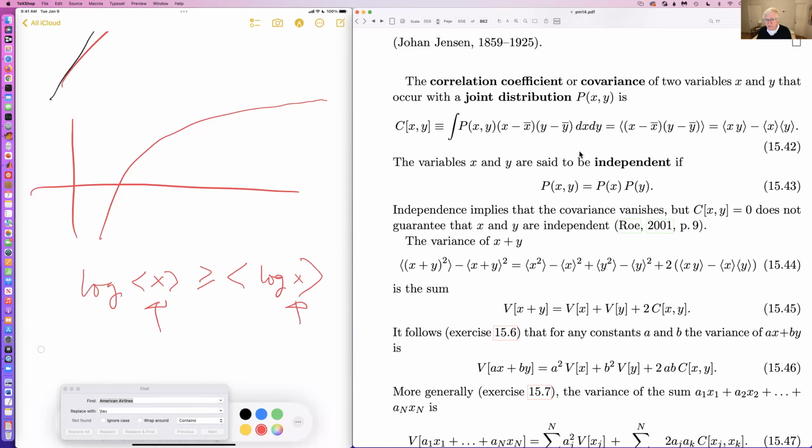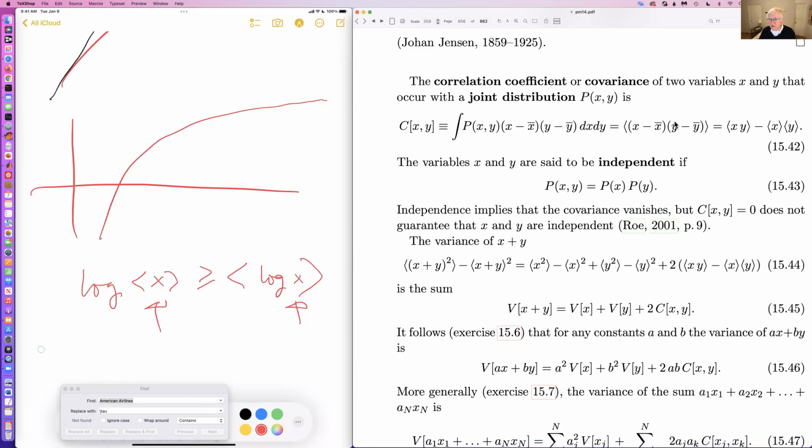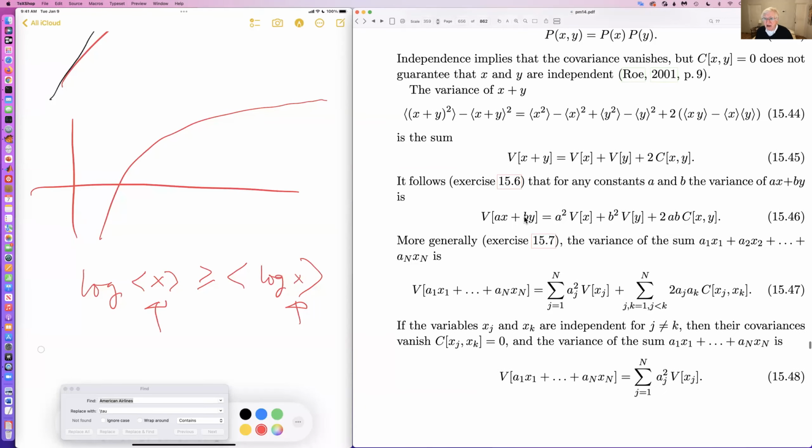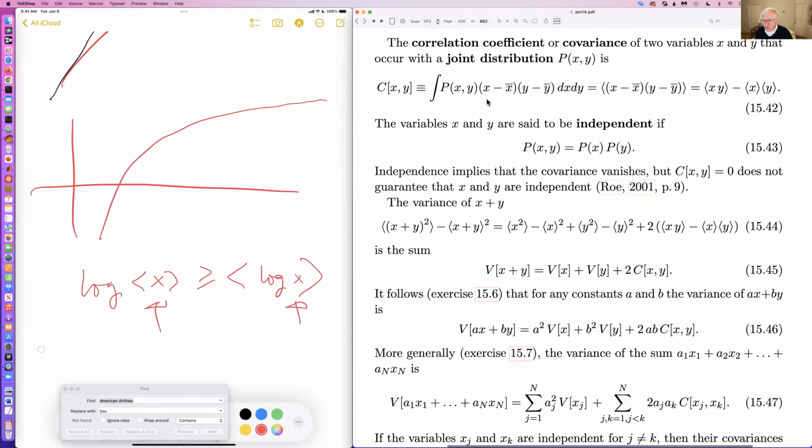Because you can then factor the probability distribution, so you can factor the double integral and you get just the product, and then you get the average value of x times the average value of y, but then you have to subtract that, so you get 0. But the vanishing of the covariance does not guarantee that x and y are independent.